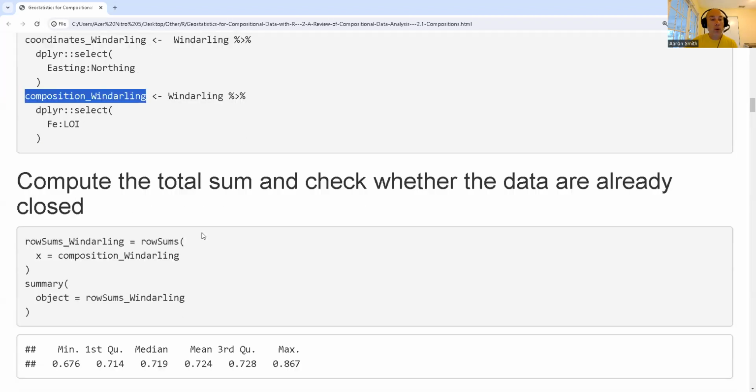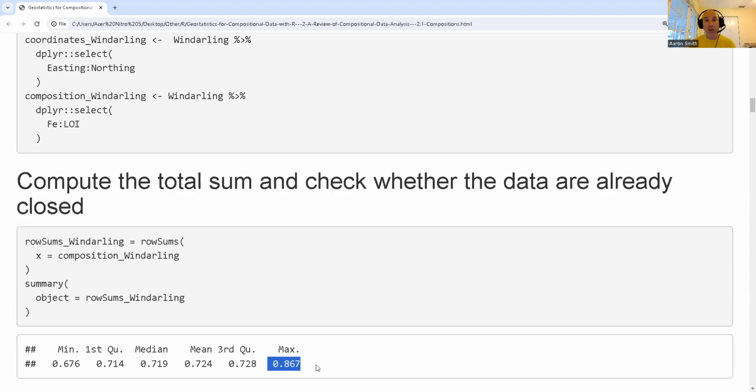One thing I'm going to want to do is check whether I actually have a composition. If I take the row sums, you'll notice they go as low as 0.68 and as high as 0.87. So these fractions are not adding up to 1, and I know there's something going on.